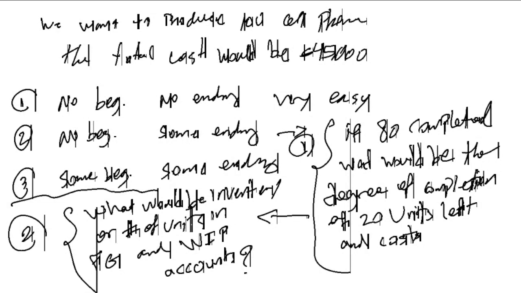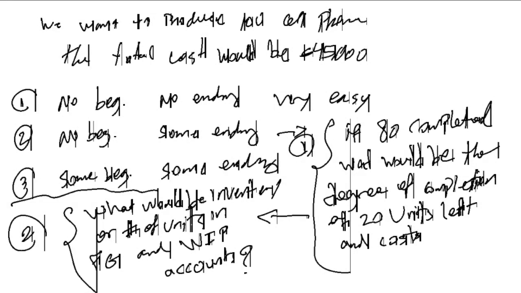I read from this part here. It says, let's say we want to produce 100 units of, let's say, iPhone, with a total cost of $45,000.